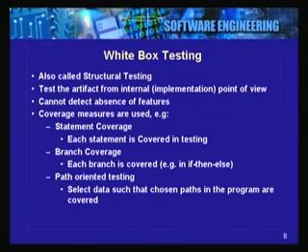So you are going to actually generate the input so that both the branches get covered, and then you are saying that both branches of this if then else statement have been covered. Another approach is path oriented testing. You are going to select data such that different chosen paths in the program are covered. So you look at the code more closely and generate the test cases and see whether your program works correctly.